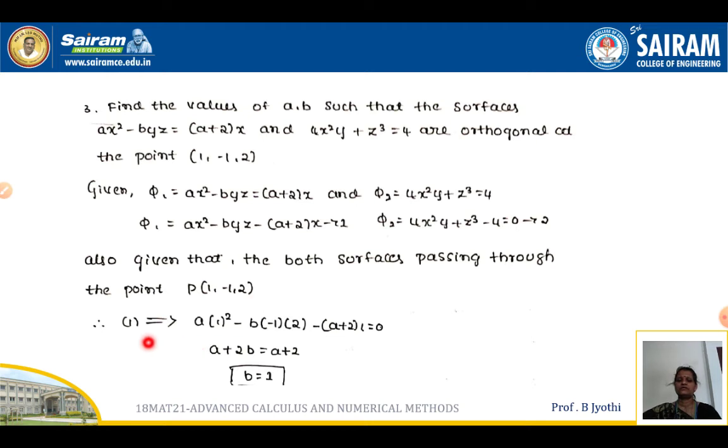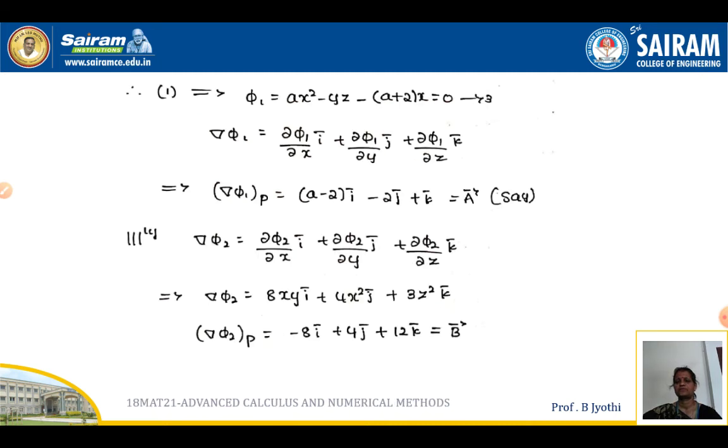So the first one is a into 1 square plus b into (-1) into 2 minus (a plus 2) into 1 equals 0, or a plus 2b equals a plus 2, that is b equals 1, which we get on simplification. So equation 1 implies a x square minus y z minus (a plus 2) x equals 0.